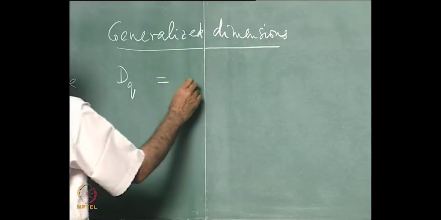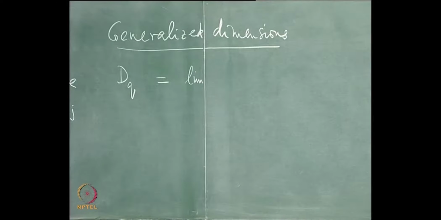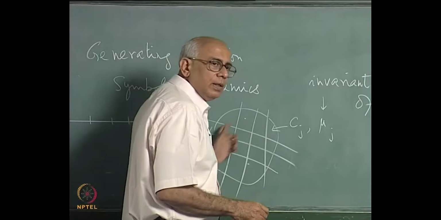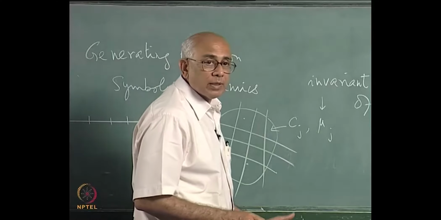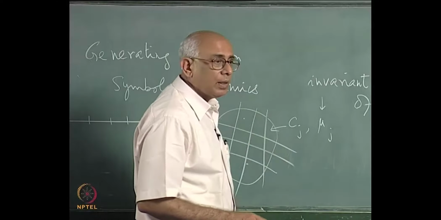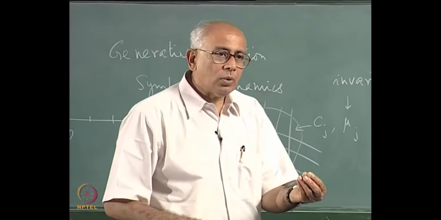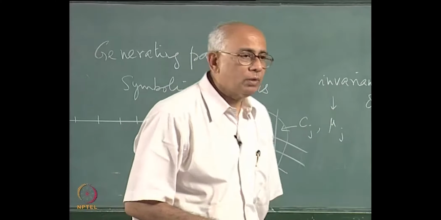This is defined as the limit in which the size of each cell goes to 0, and let us for simplicity assume that each cell is of some size epsilon. They do not have to be of the same size, it is completely arbitrary how I partition it, but I would like to look at the limiting case, because finally you would like to go to the dynamics of the point itself, and therefore the cell size should go to 0 eventually.